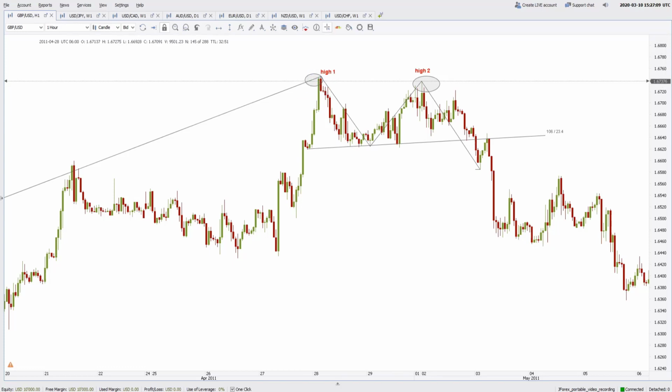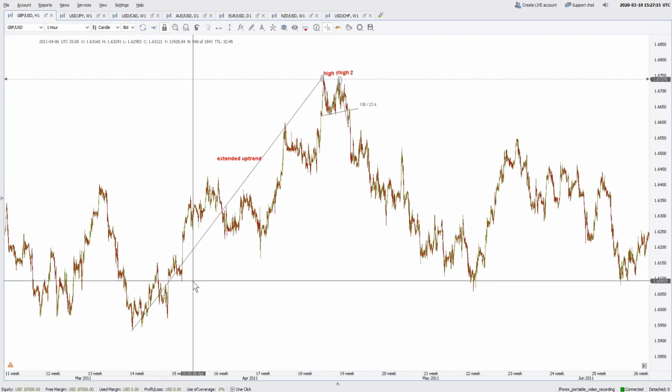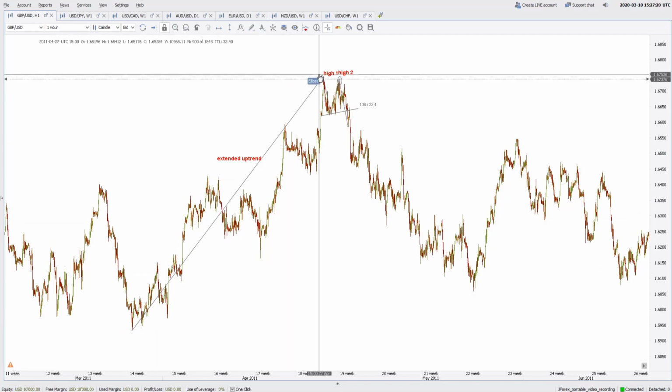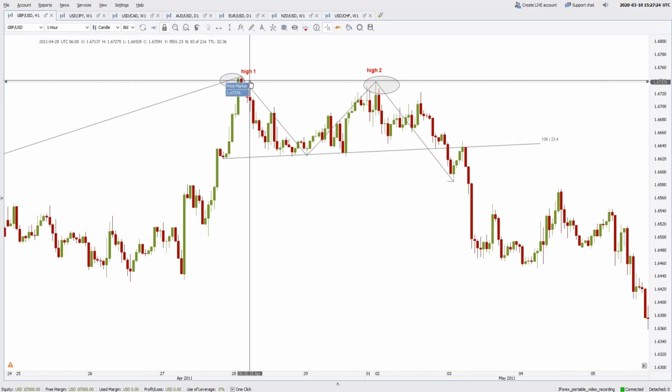I will make sure now. So this is the first high that we are talking about, and this is the extended uptrend. So we got 2 things now: one is the extended uptrend, and the second thing is this high made.